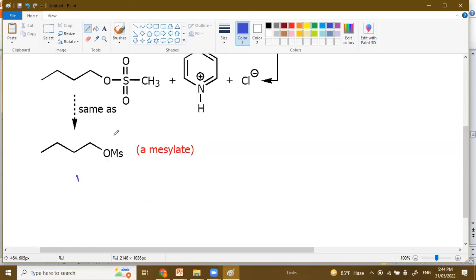You have your Cl minus, and it can now attack the carbon. Once it attacks, it now becomes a good leaving group.